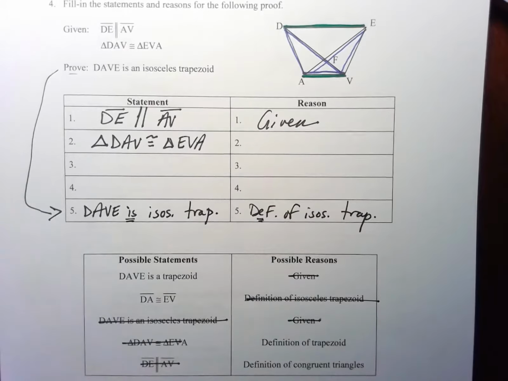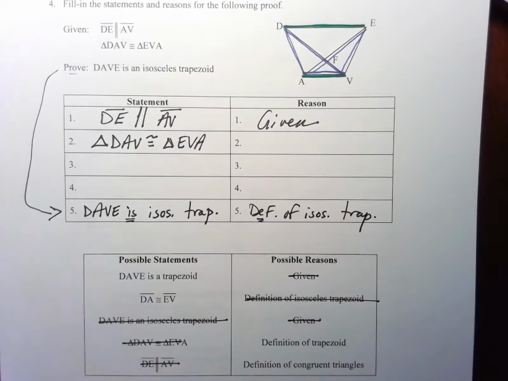And that was a given, I'm sorry. Because of CPCTC, and again, I'm just going to call this CPCTC instead of saying definition of congruent triangles. So, DA is congruent to EV. All right. And so if those are the same, notice now we've shown that this is the same as that, and we have two that are parallel.